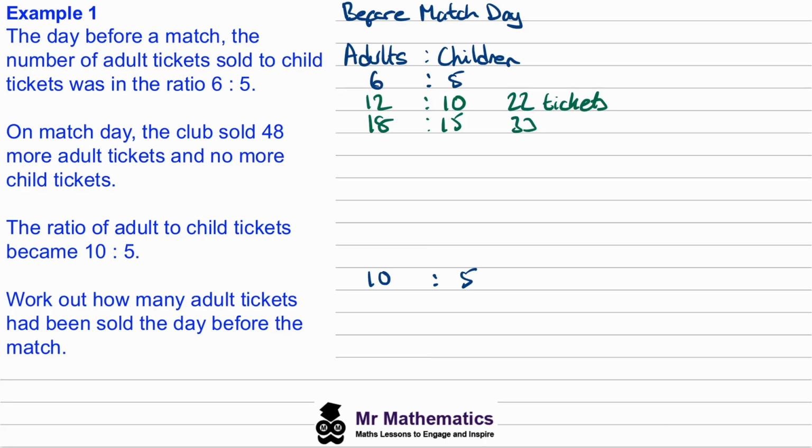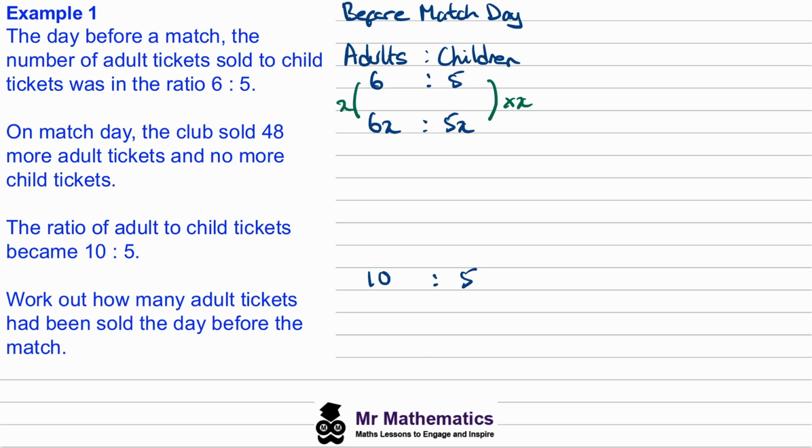The problem is we don't know the total number of tickets. But what we can do is multiply the 6 and the 5 by some unknown multiple. So for instance, we could multiply both by x. And then the total number of tickets would be 6x and 5x.